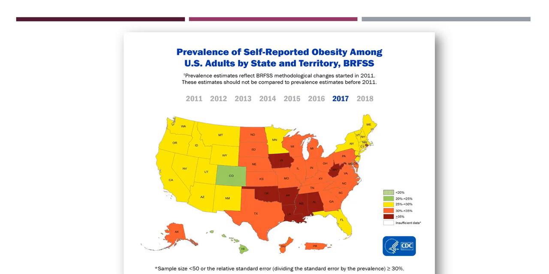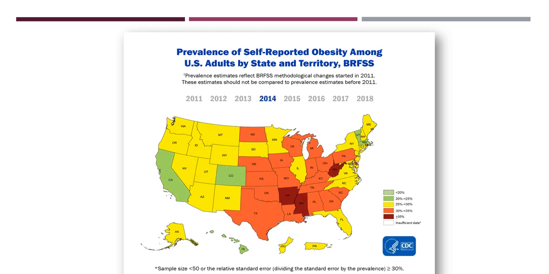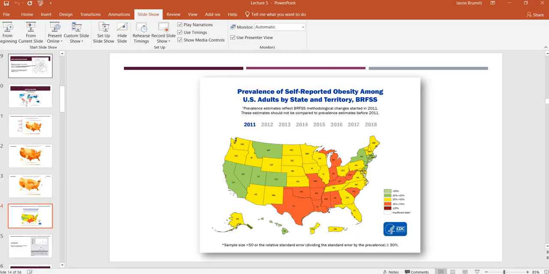Especially as we look at certain parts of the country, you start to wonder, is there the need for potential education services related to diet and exercise? What is going on in those areas which could help population health?